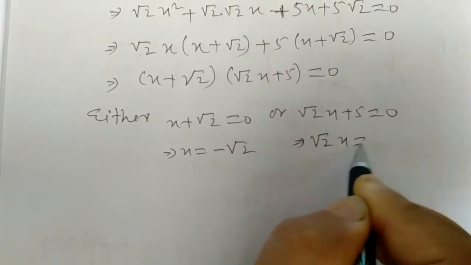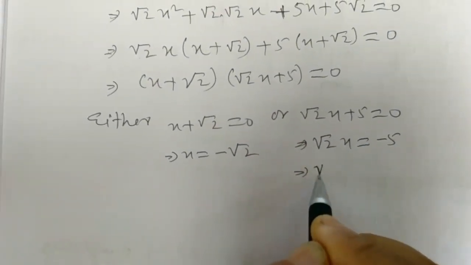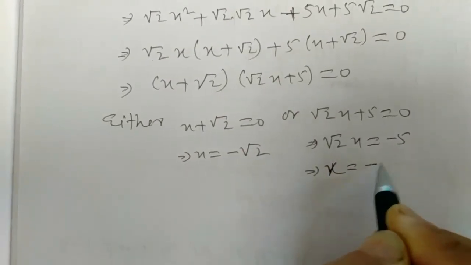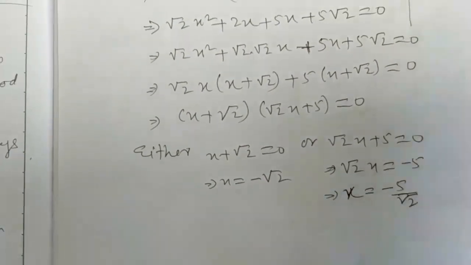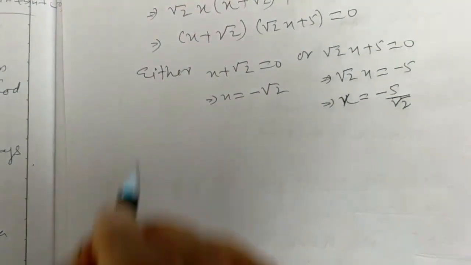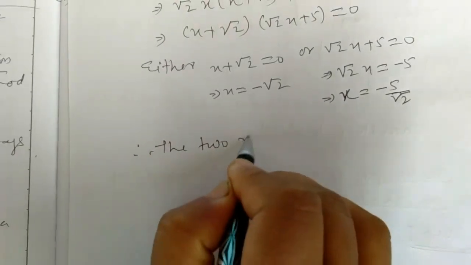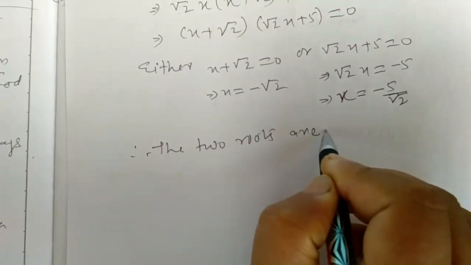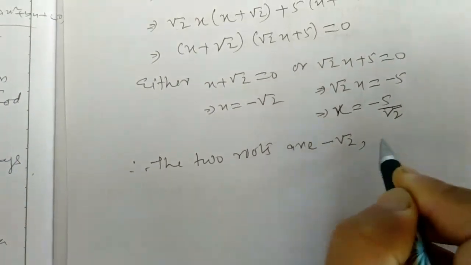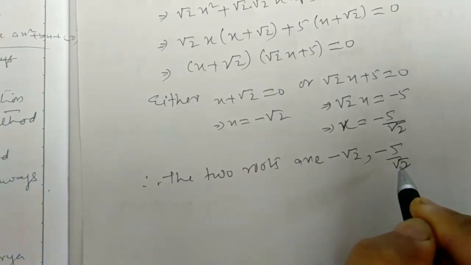Root 2 x, this is plus, that will become minus 5. So x equal to minus 5 by root 2. I think you understood this one. So these are the roots. Therefore the two roots are minus root 2, comma, minus 5 by root 2.